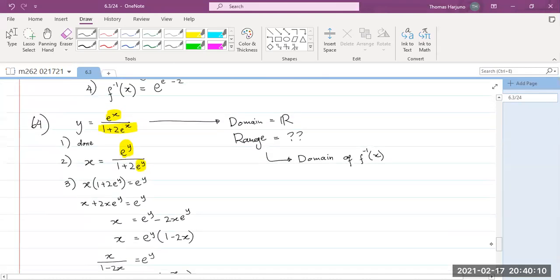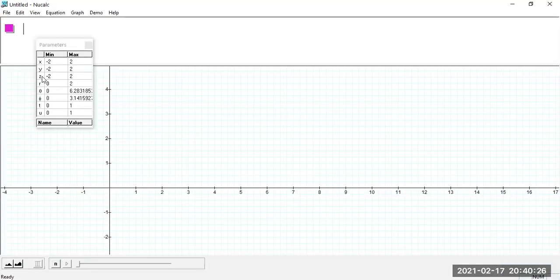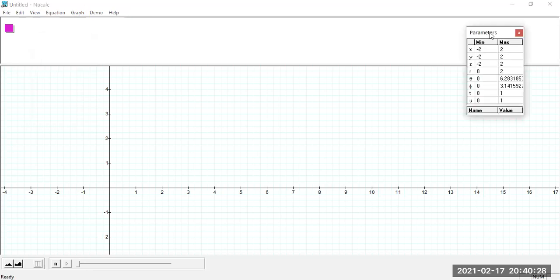Okay, let's do a little experiment. In case you want to graph this, I happen to have graphing software here. Let's graph that and confirm that the range has to be negative or greater than 1/2. Y equals e to the x.